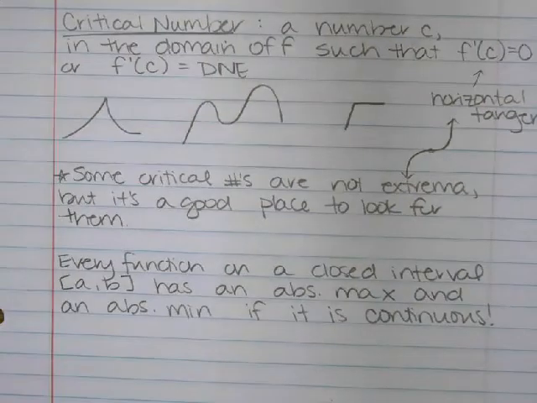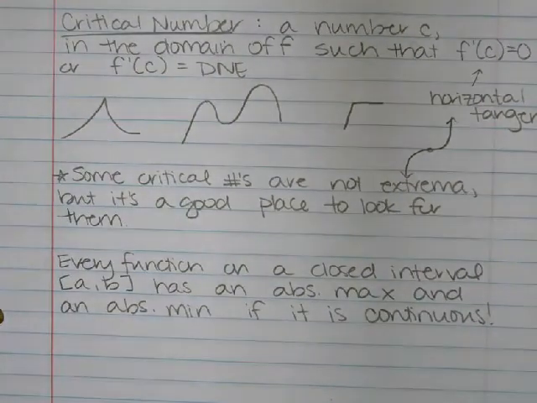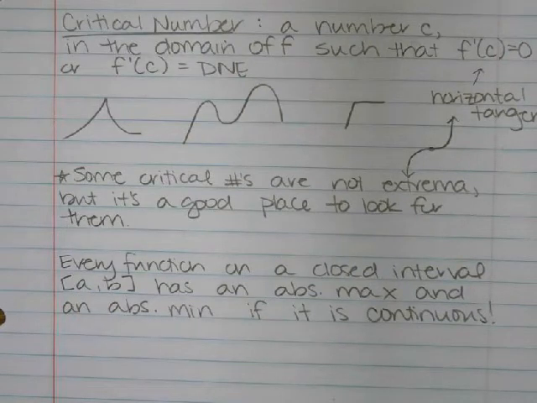So if you look at the graph and it's a continuous graph, then there's definitely going to be a highest point and a lowest point somewhere on that graph, as long as we've cut it off and said it's between two different numbers. If you talk about negative infinity and positive infinity, then the highest point could be an infinity, and that's not really a number, and so we would say there isn't really an answer there, and that's where things start to get confusing.